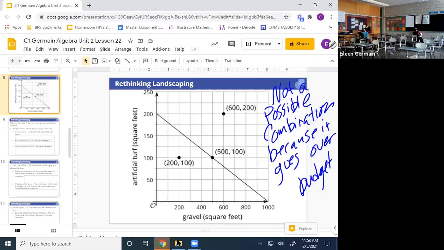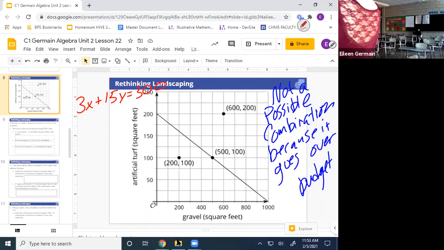What could you do? Do the multiplication. Plug it into that equation and solve it. You could say we have our 3x plus 15y is equal to 3,000. And we'll see, is it equal or is it greater than? So let's take a look at this 600. 3 times 600 plus 15 times 200.